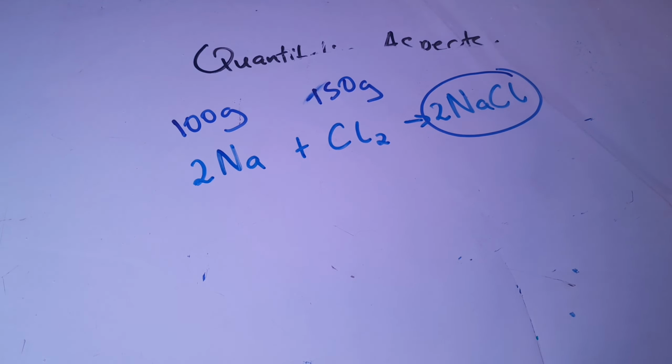Just calculate the number of moles, then we check which one is the limiting reagent. After that we use the mole ratio. So how do you find the limiting reagent here?